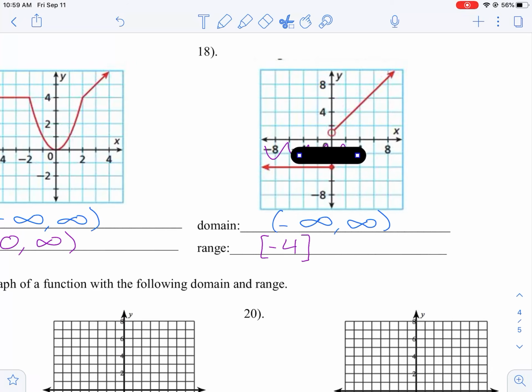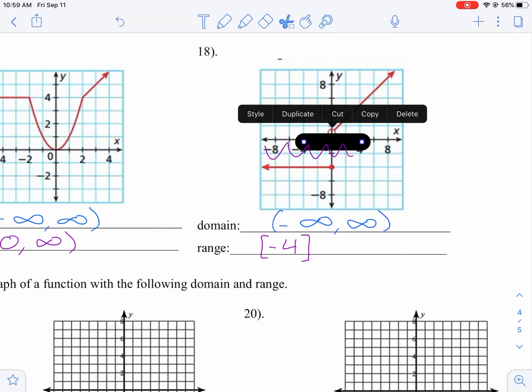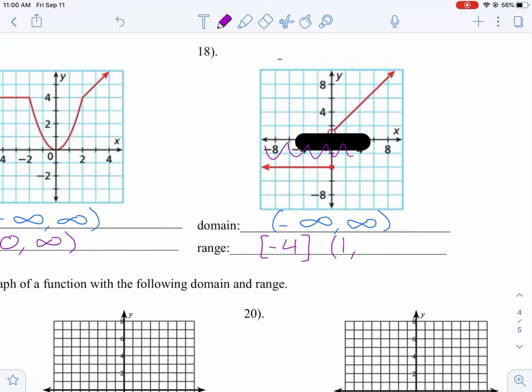My scanner doesn't work in this area, but then it picks back up at 1, which is an open circle, so it's a parenthesis. And then our scanner is going to keep going up to positive infinity. And because there was that gap, you get a little U there. So it's a weird part because you're still covering negative 4, but it's just the value of negative 4. And then you jump up to 1 to positive infinity.